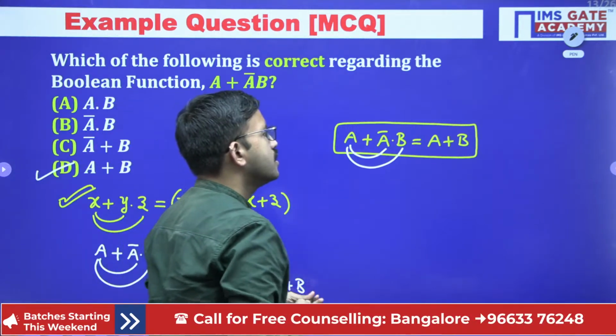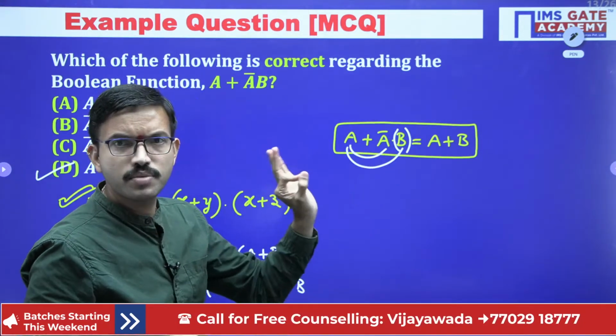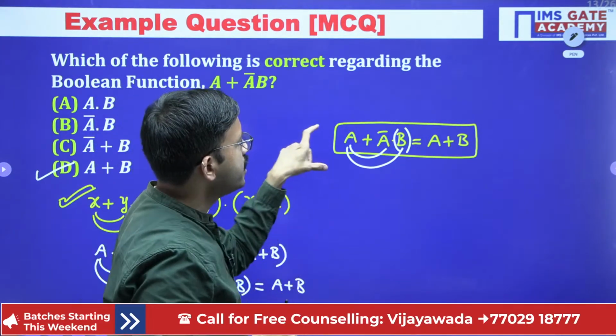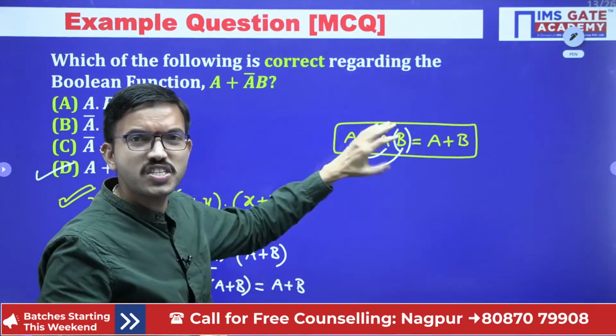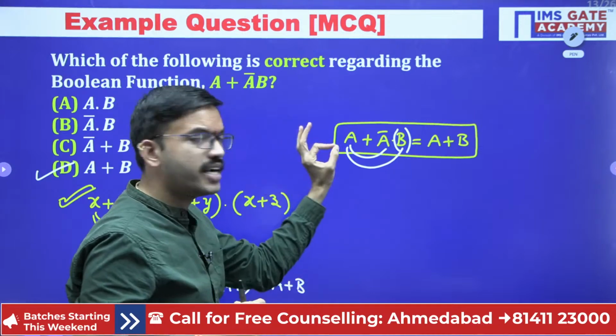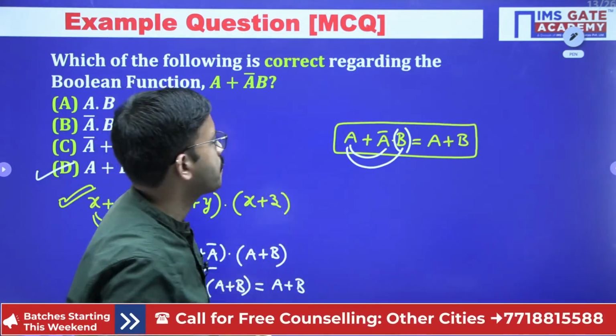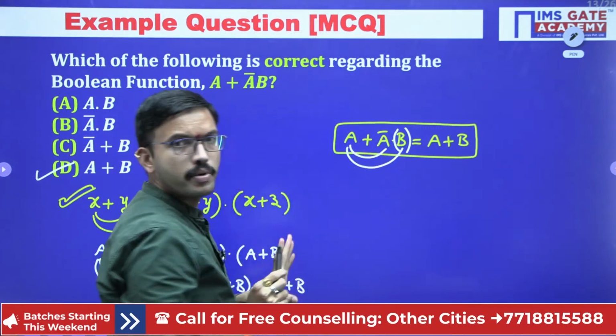Here we have only one variable b. Just carefully observe, this is a very important thing. The equation we have discussed will be applicable for other varieties of expressions. Here you have one variable normal, here you have its complement.